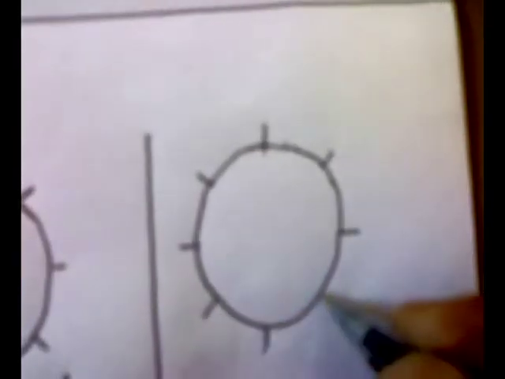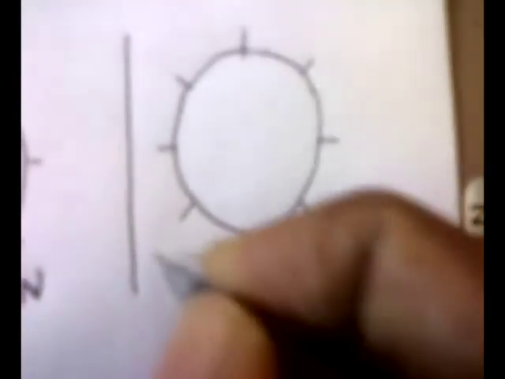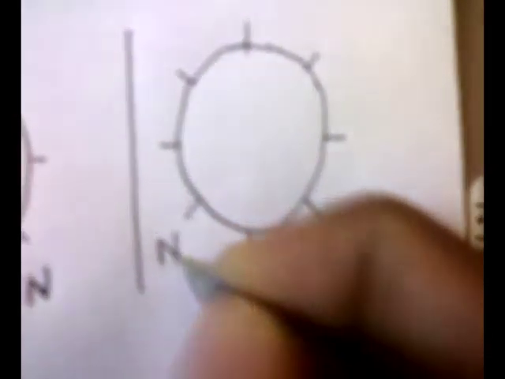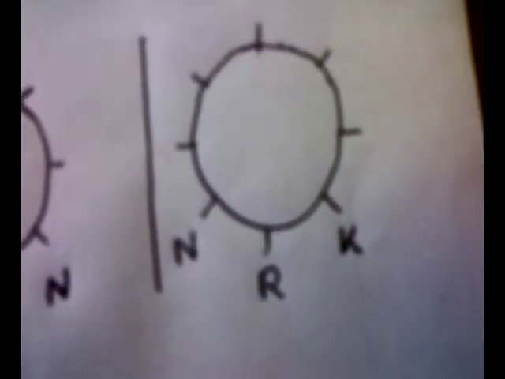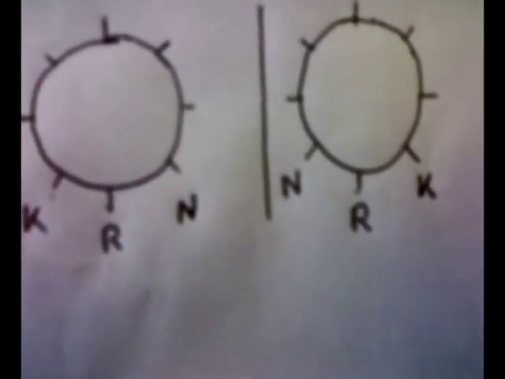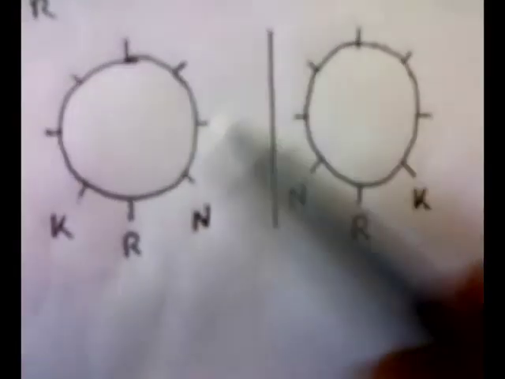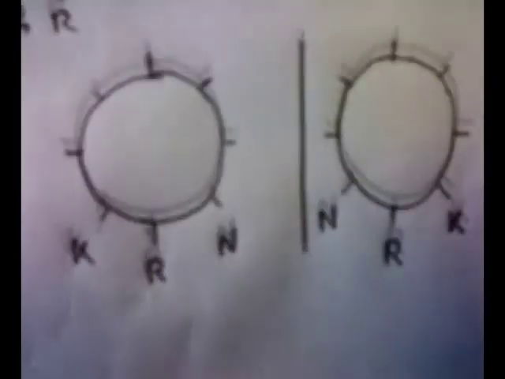But in this situation we could have another circle putting R as it is, but the positions of N and K can be like this. Now in both of the situations R is in between K and N. Here R is between K and N, and here also R is between K and N, right?